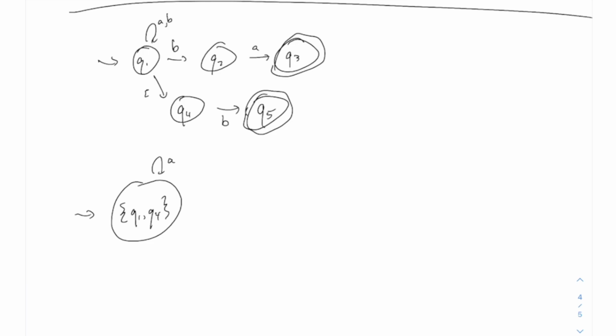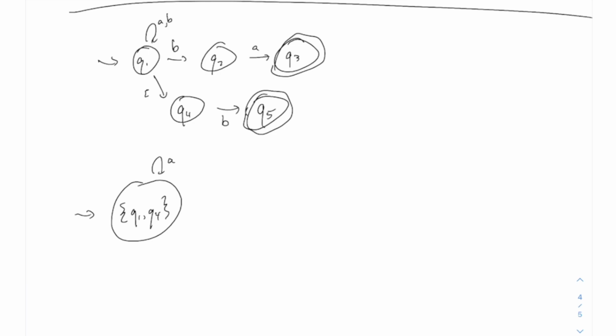So B from Q1, B from Q2, you do epsilon to Q4, and then get another B. Wait, what if you just do epsilon?